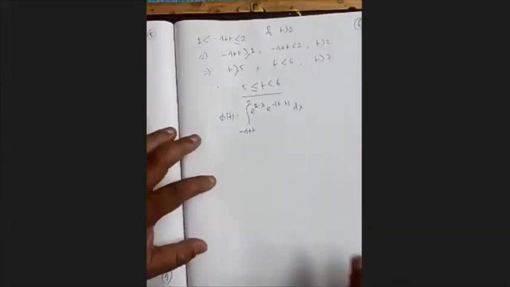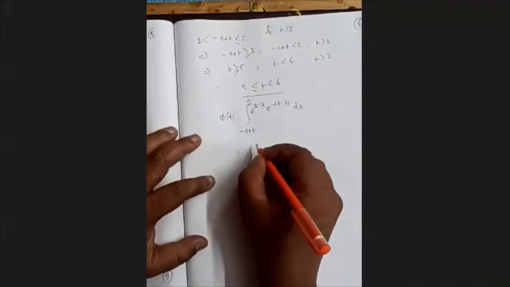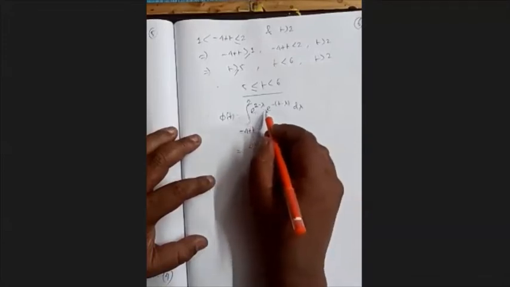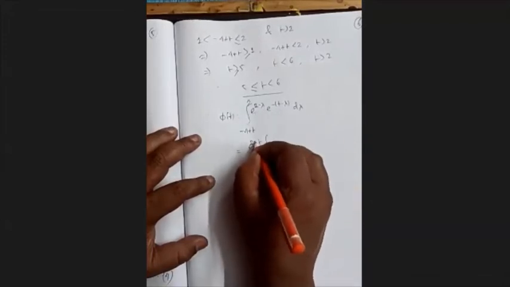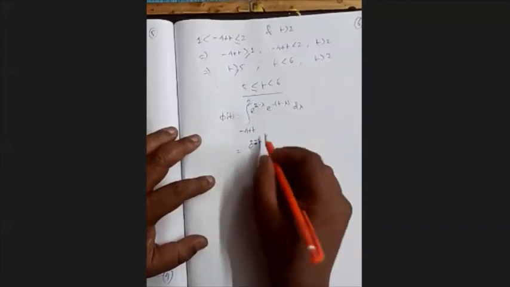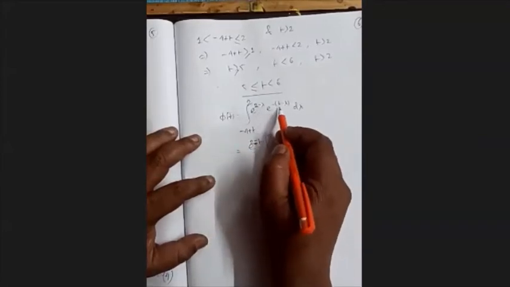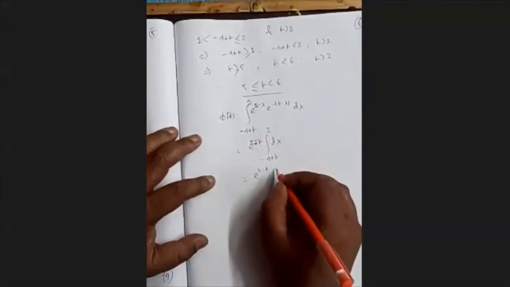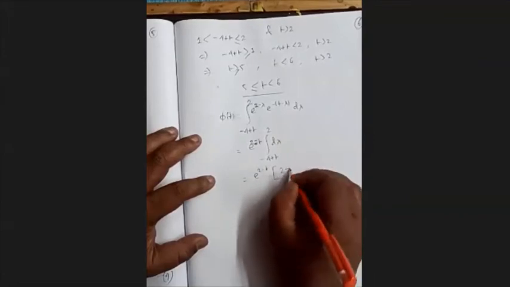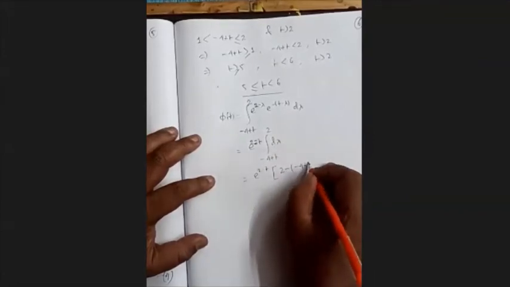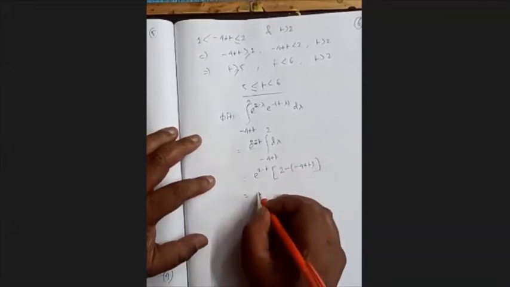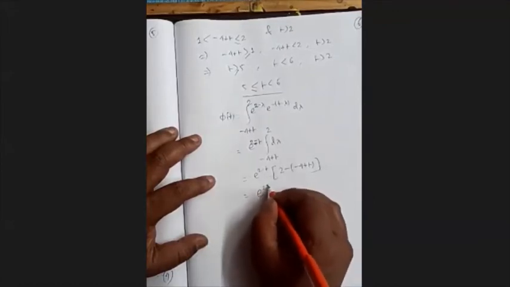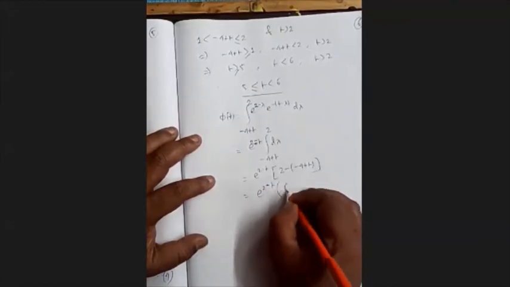Or we can take e to the power minus t outside. E to the power 2 minus t, again repeatedly I am just missing the power 2. E to the power minus lambda, e to the power plus lambda d lambda. So it is 2 minus of lambda is minus 4 plus t. So we can write it 2 minus t into, it is 6 minus t.